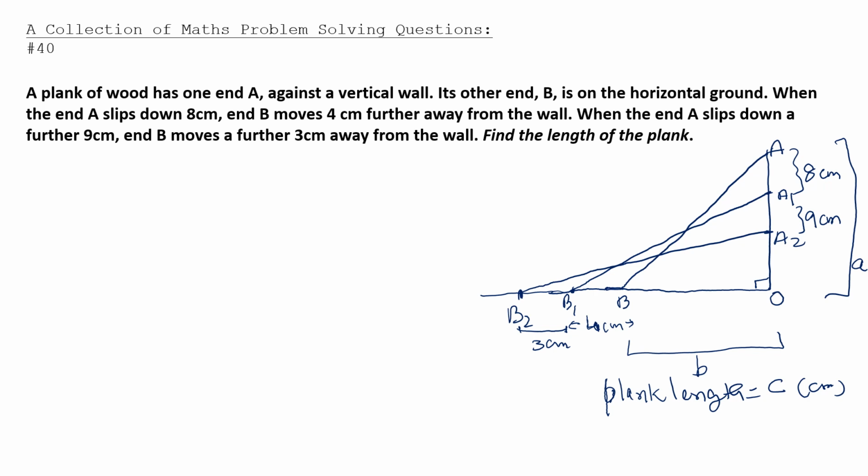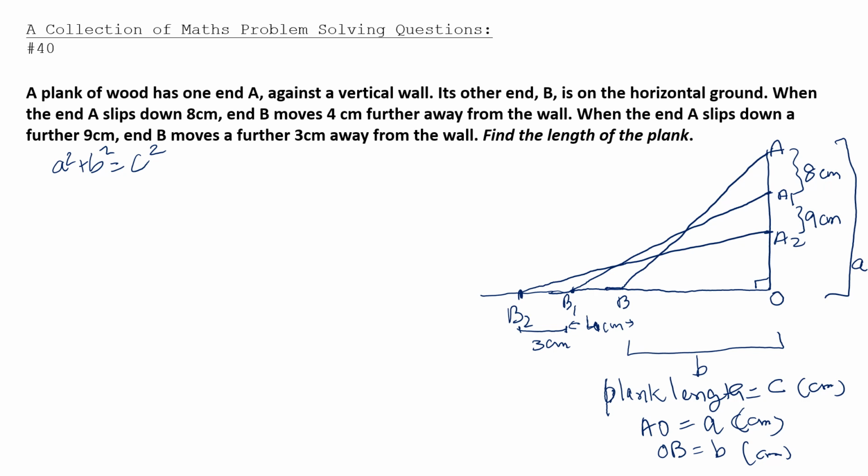So A square plus B square equals C square. The length of the plank doesn't change, it remains the same. So then we do the other equations.